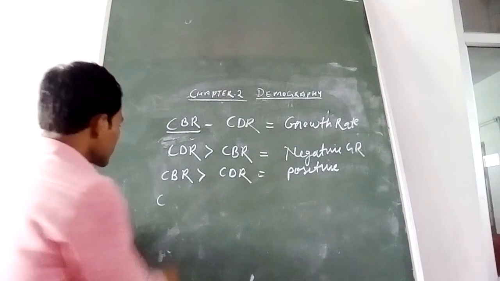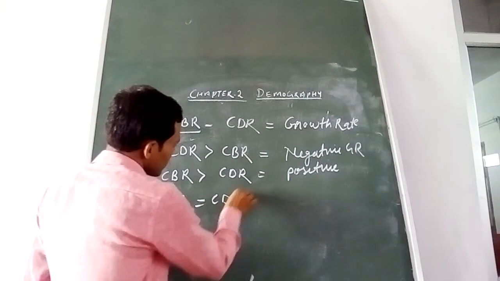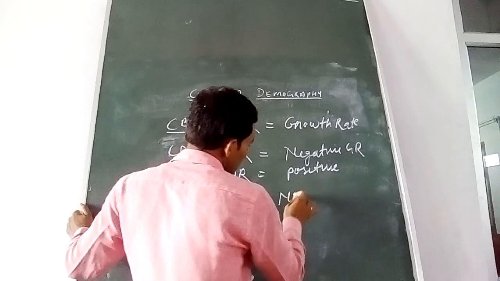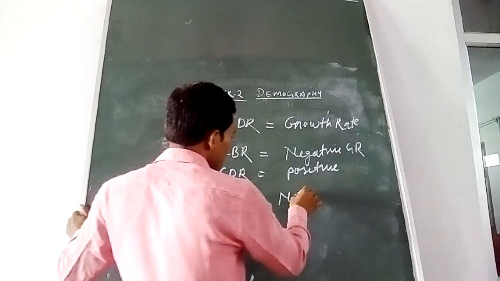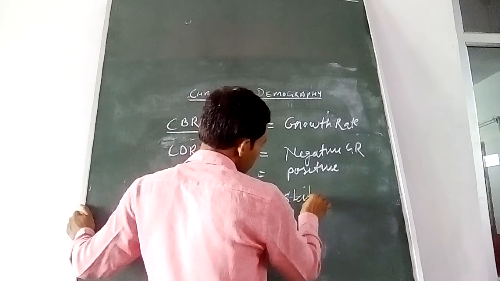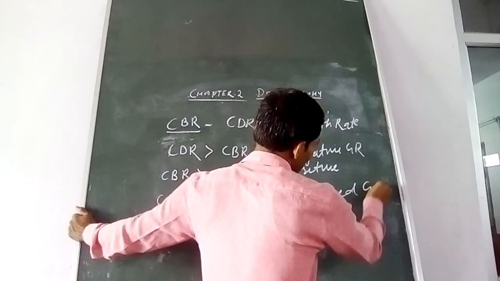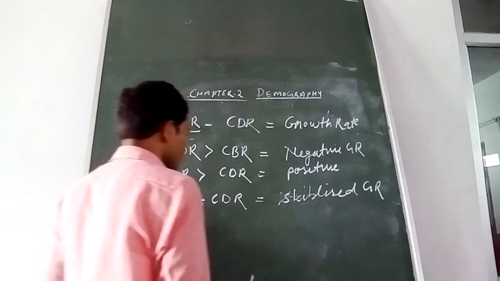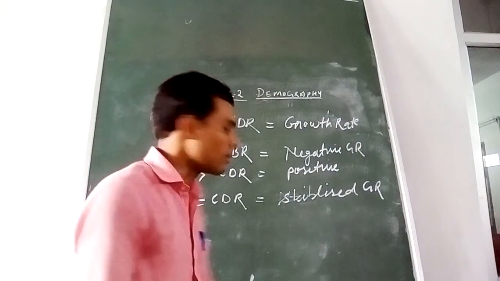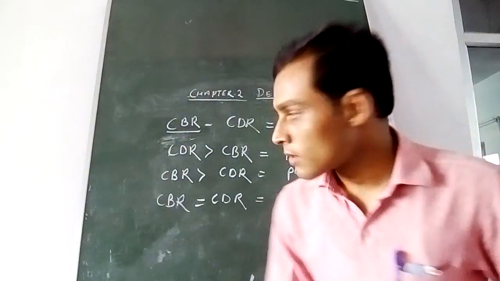In other terms, if CBR is equal to CDR, then the growth rate is stabilized. This is also referred to as the replacement level.